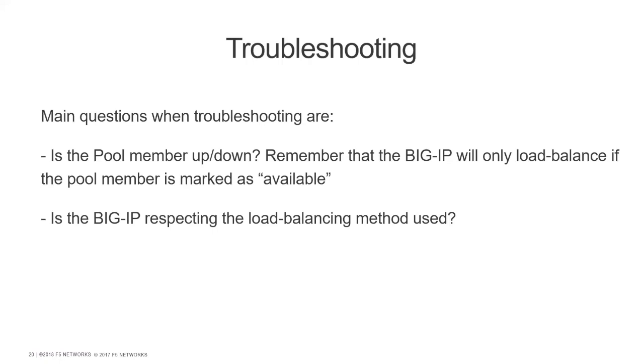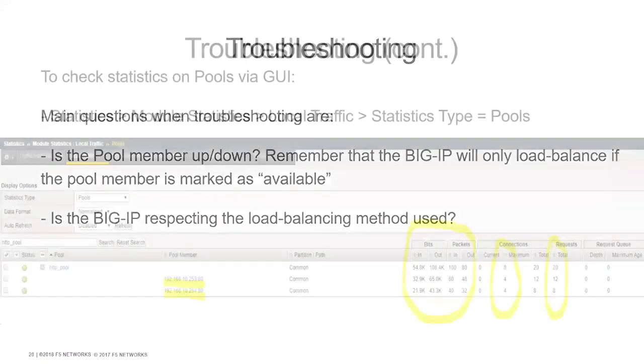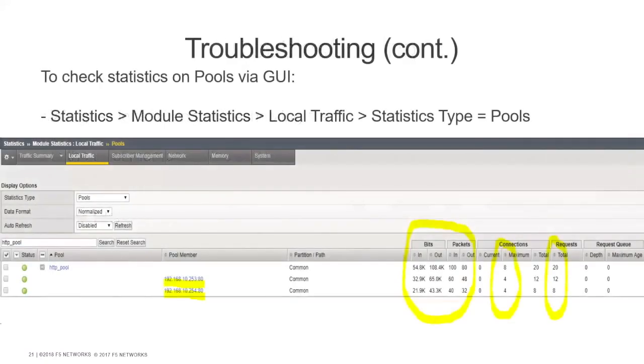The second one, which we're going to focus on more today, is are we respecting the load balancing method used? So as an example, how do we check the statistics? How can we determine where the traffic is going? Via the GUI, we can go to the menu Statistics, Module Statistics, Local Traffic, and then for the statistics type, we select Pools.